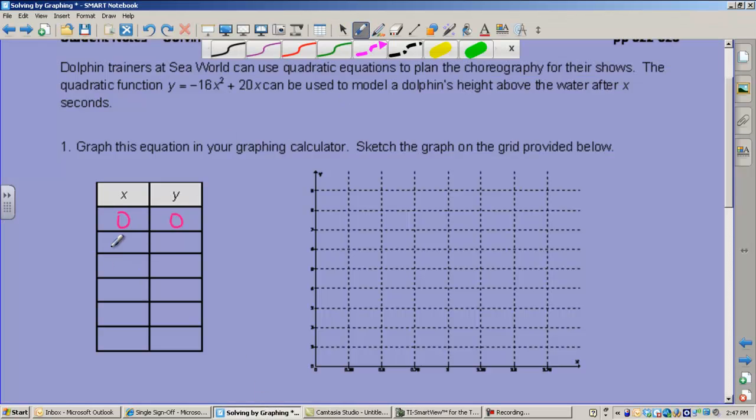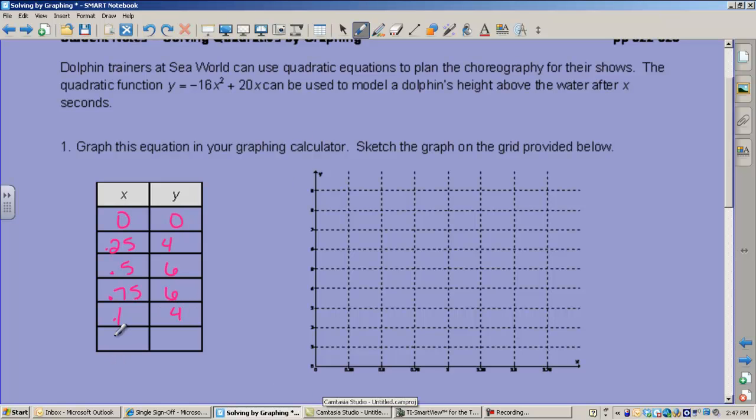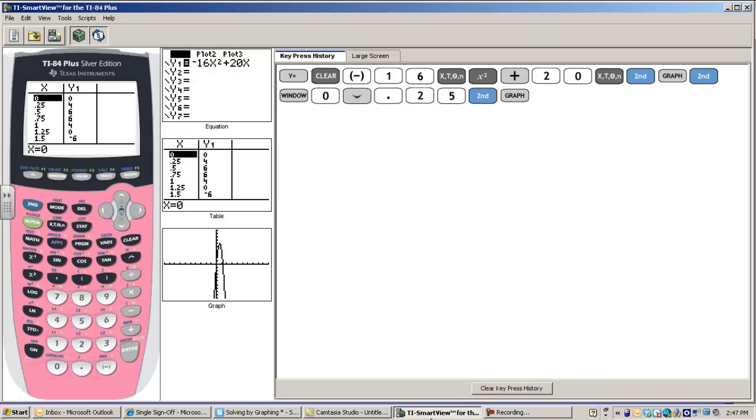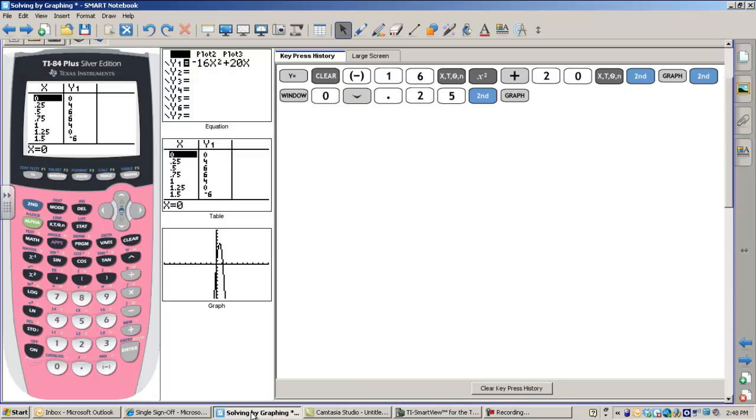So at 0.25, I have 4. At 0.5 it is 6, 0.75 it is also 6, and then at 1 it's back to 4, and then 1.25 would be the next one, just to go ahead and finish off our table. We're back to 0.